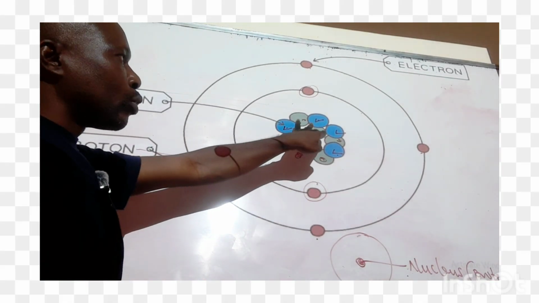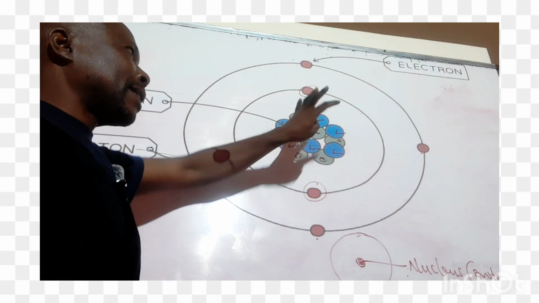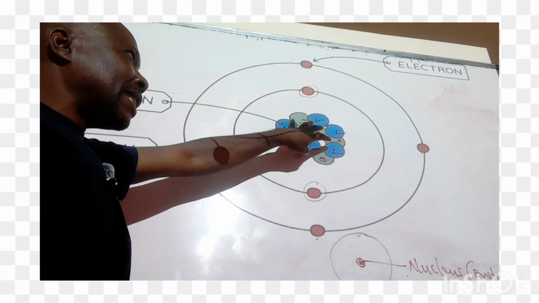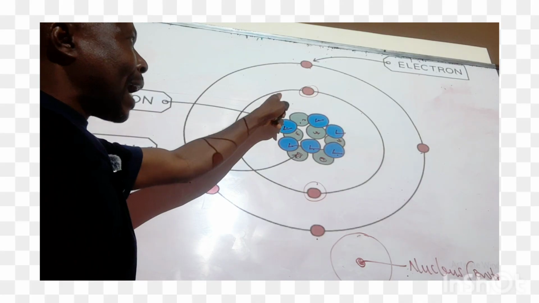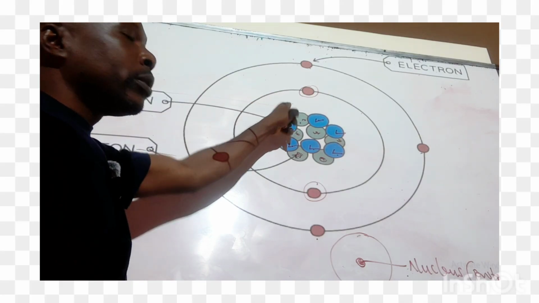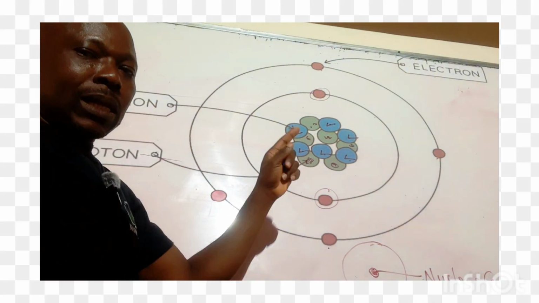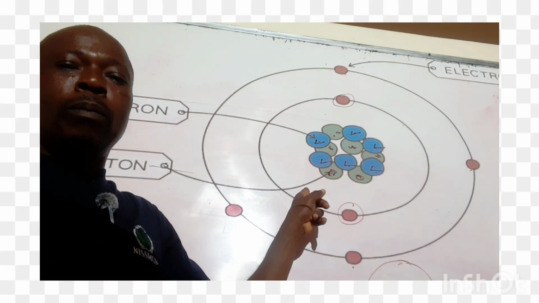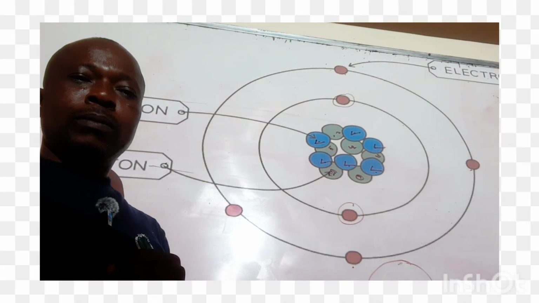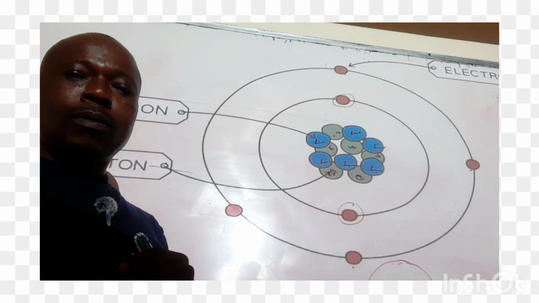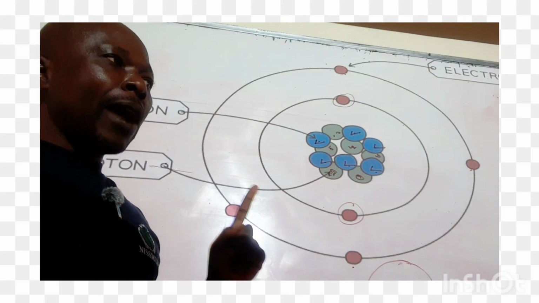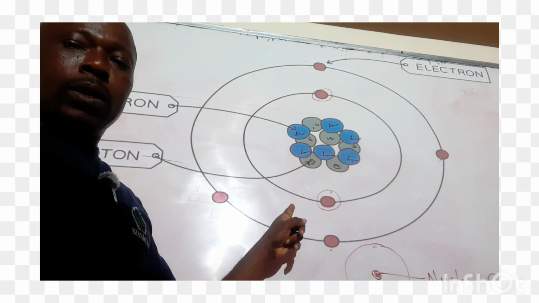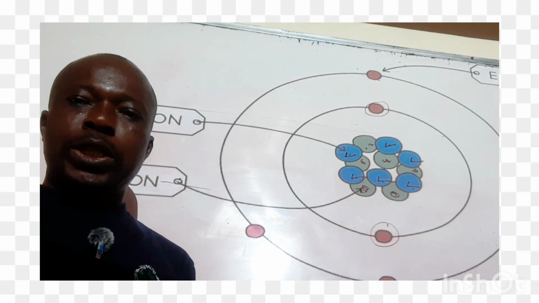Now, the protons and neutrons are located at the center. This atom is electrically neutral. And why is this atom electrically neutral? In other words, it has no charge.